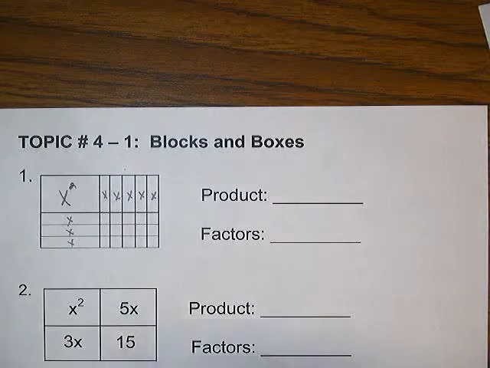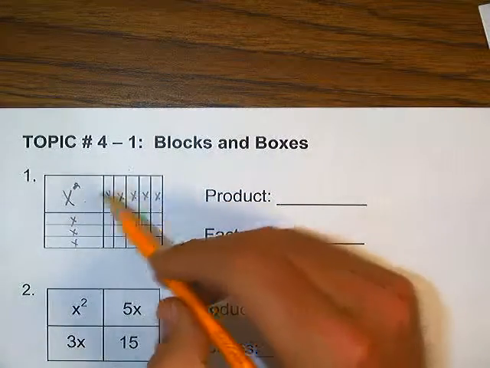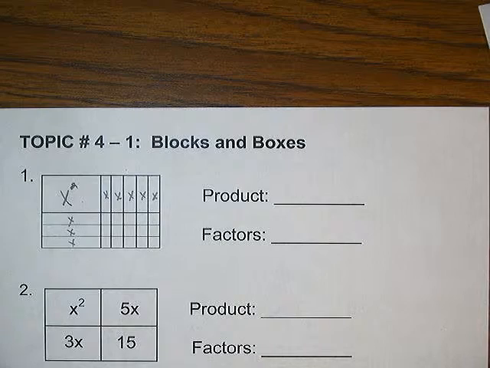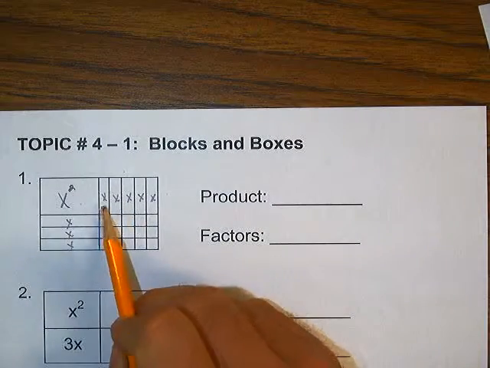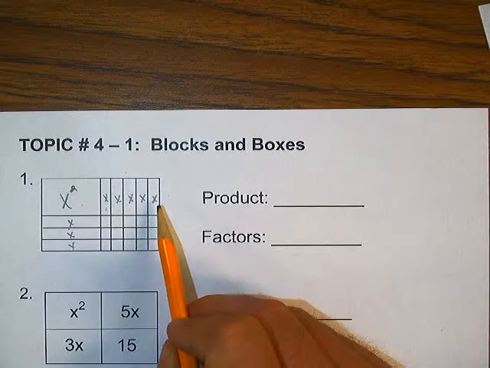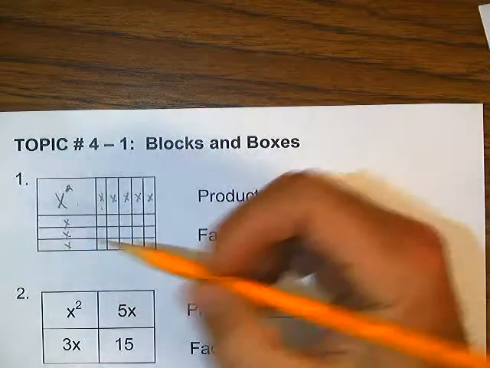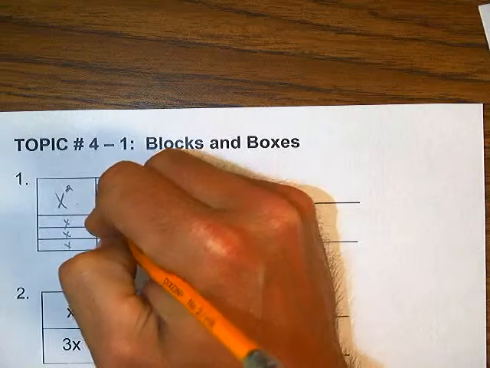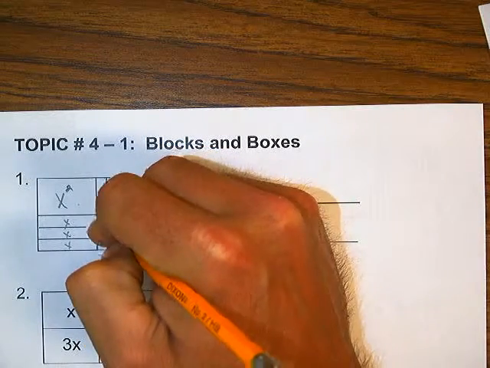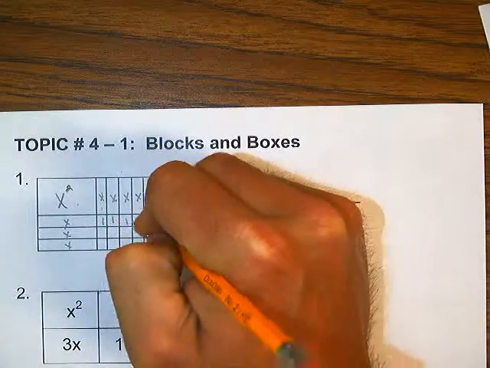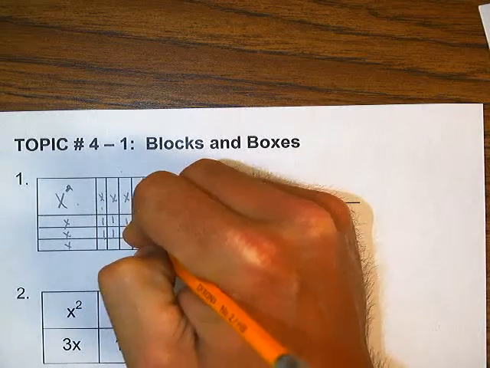The big one is x squared; if it's filled in or dark, it's negative. These right here are always x; if they're filled in, it's negative x. And these represent what? Ones. Always.